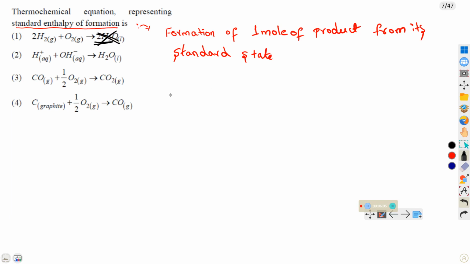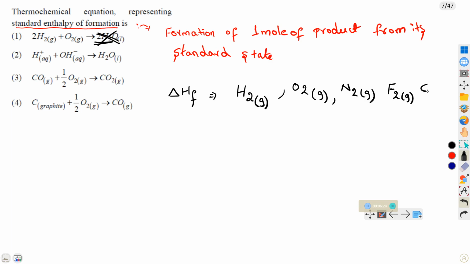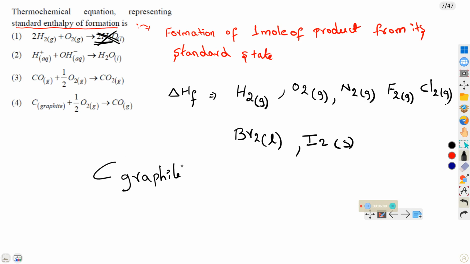Standard state, remember, for enthalpy of formation: H2 gas, O2 gaseous state, N2 gaseous state, fluorine gaseous state, chlorine gaseous state, bromine liquid form, iodine solid form, carbon graphite, phosphorus white phosphorus, sulfur rhombic sulfur.